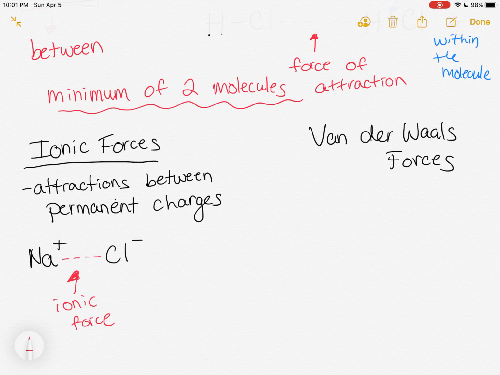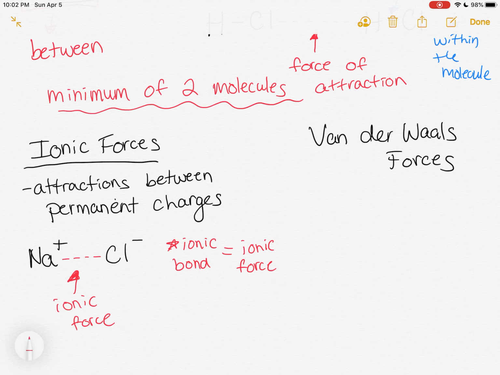Okay. These are happening in every ionic compound that we're dealing with. So if we have an ionic bond, that means we have an ionic force. So our ionic bonds are really just ionic forces of attraction. Those ionic forces are happening between permanent positively charged things and negatively charged things.